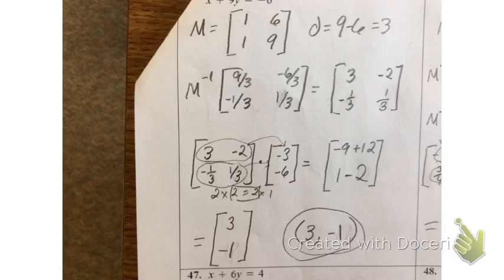Then you set up the inverse times that other matrix, the -3, -6, and that's going to equal your answer. This is the minimal amount of work I should see on yours: find an inverse, multiply that inverse by that matrix, which is just your answers, the -3, -6. What you get out is your answer.